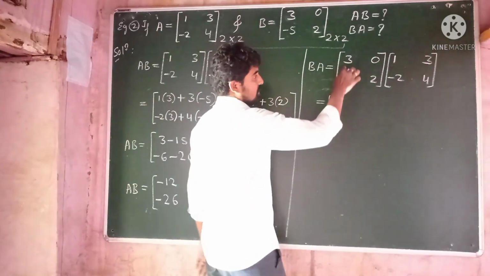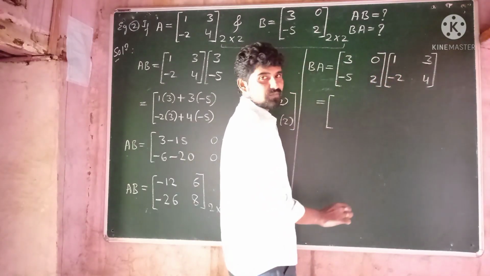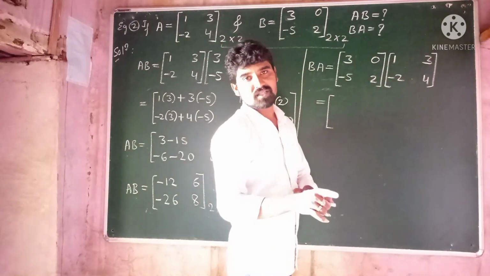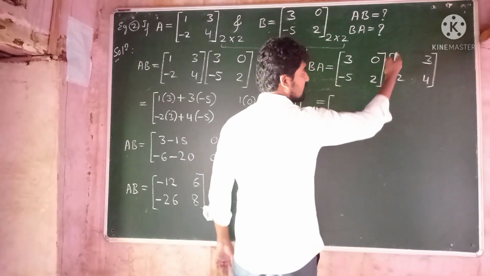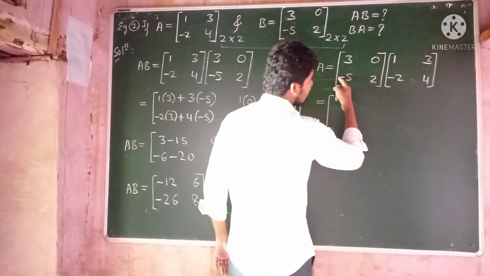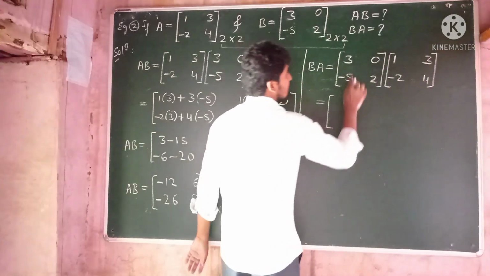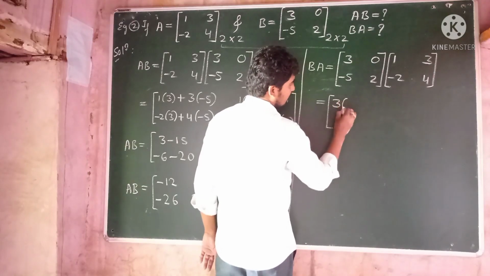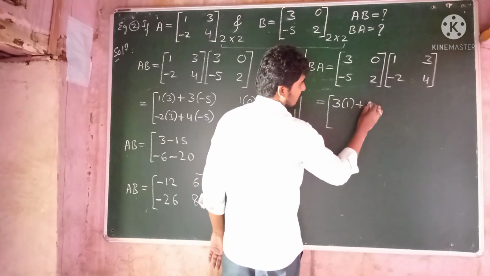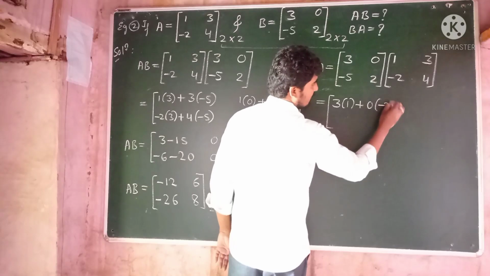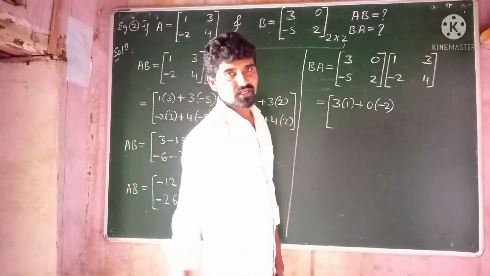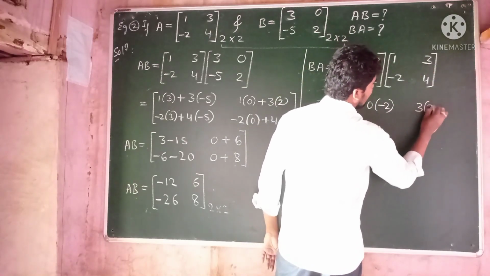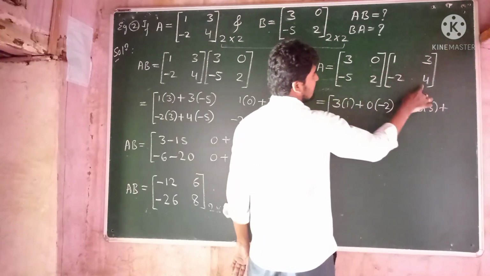The procedure is first row first column, first row second column. After the first row columns are completed, second row first column and then second row second column. So now first row first column: 3 into 1 plus 0 into minus 2. So first row first column is completed, and then first row second column: 3 into 3 plus 0 into 4.